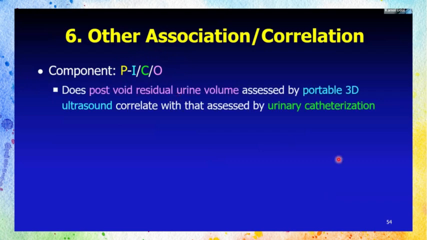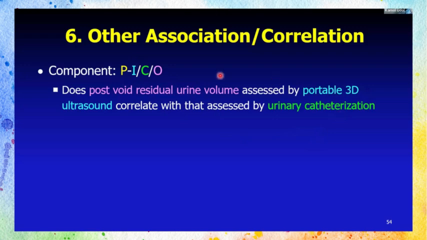For example, does post-void residual urine volume assessed by portable 3D ultrasound correlate with that assessed by urinary catheterization? So here, the researcher is studying correlation between residual volume assessed by 3D ultrasound, compared to the true urine volume obtained by urinary catheterization.